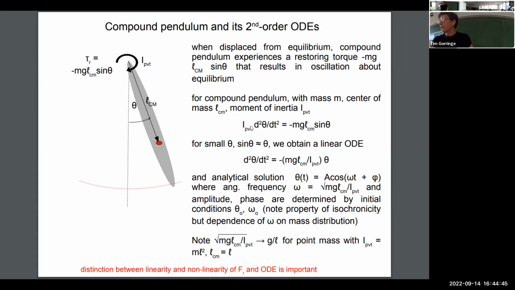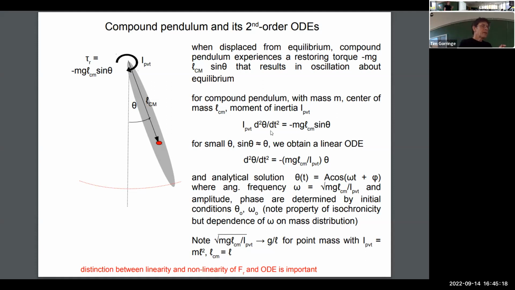The new ingredients are that our compound pendulum is a distribution of mass, so it has a center of mass, that's this L subscript cm, and it has a moment of inertia, that's this I about the pivot point, subscript pvt here. But this is just Newton's law of rotation, like the previous slide was Newton's law of translational motion.